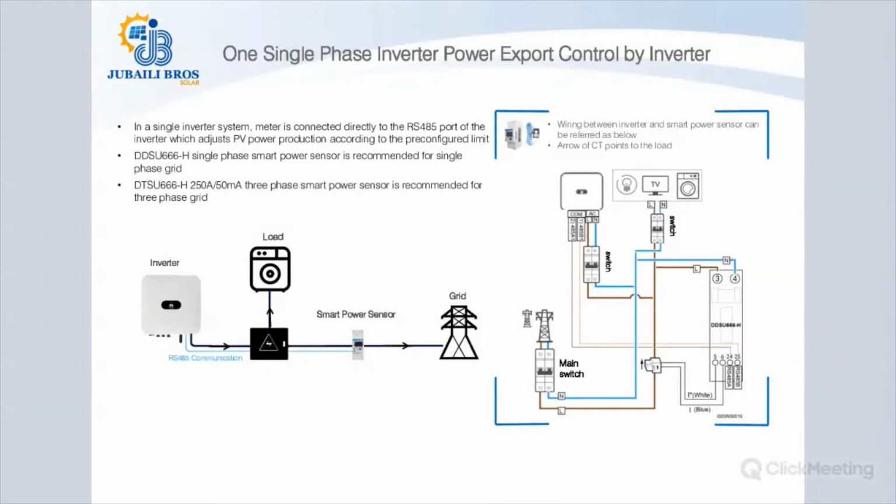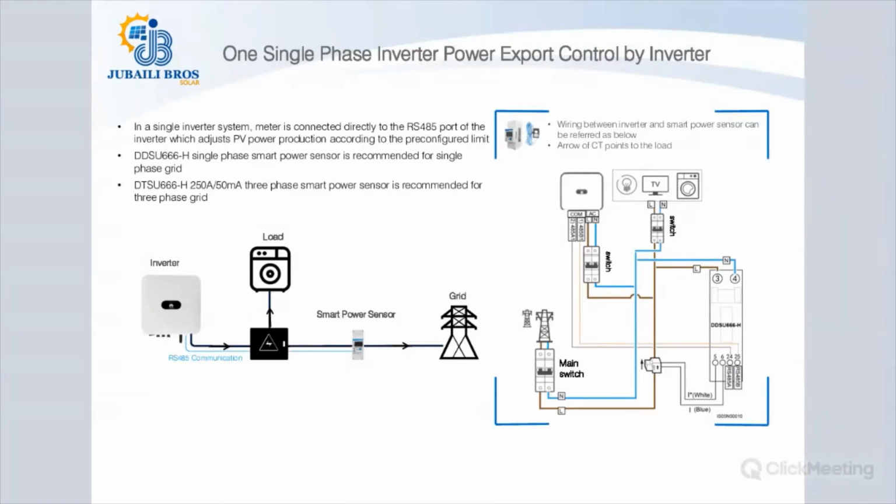Here we have the first scenario with one unit of single phase inverter. So for one unit, the inverter will be connected directly with the smart power sensor. The smart power sensor will be connected at the grid, load to grid connection point. So it will be connected to the voltage lines of the incomer from the grid side.